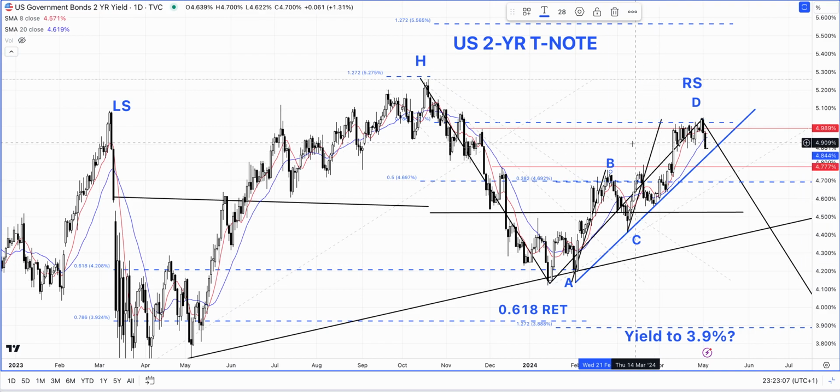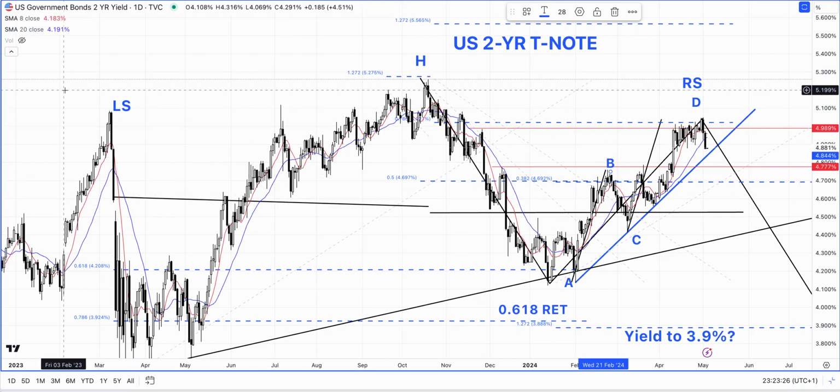Whenever there is a confluence of two or more ratios or patterns coming together, we really pay close attention, because those tend to be the stronger support or resistance levels depending upon the chart. For the yields, it happens to be a pretty strong resistance level.